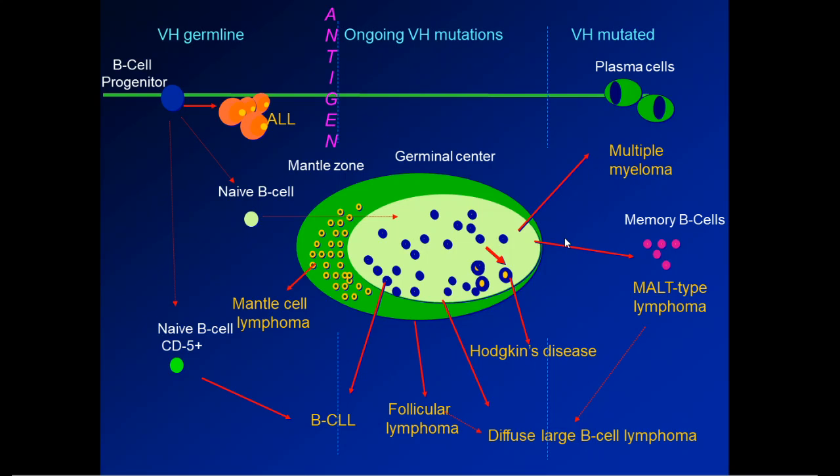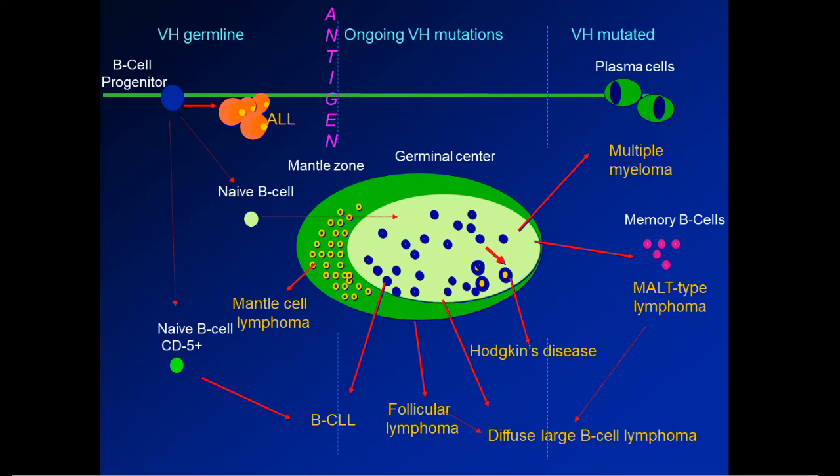And also chronic lymphoid leukemia. It's a very interesting feature actually, that some lymphomas have a brother in the group of leukemias. What does it mean, brother?